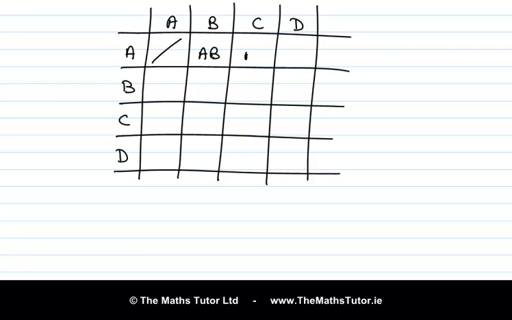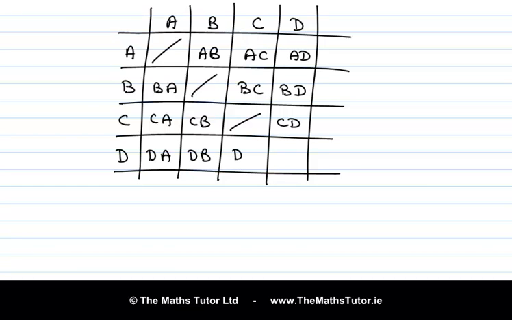AB, AC, AD, BA, BB is not allowed. BC, BD, CA, CB, CD, DA, DB, DC, and DD is not allowed. So we can see here very clearly that we've got all the arrangements, and we have 12 in total, 6 and 6. So that's a very neat way of doing it.